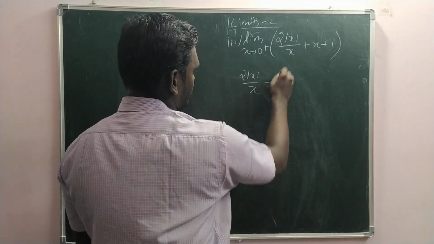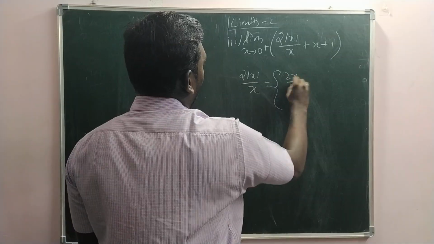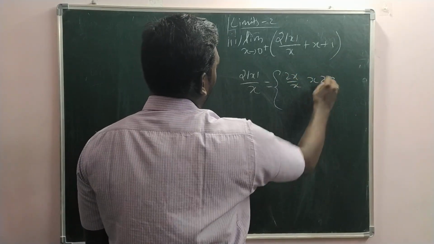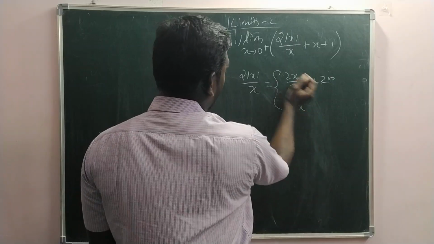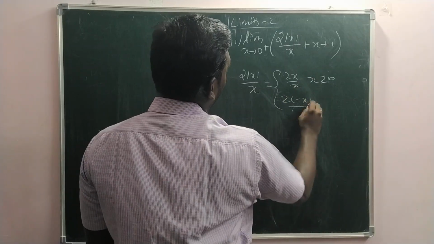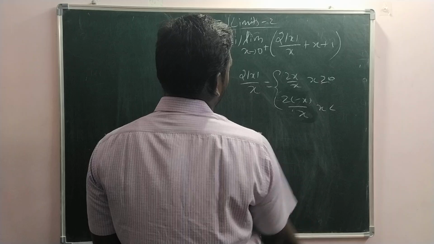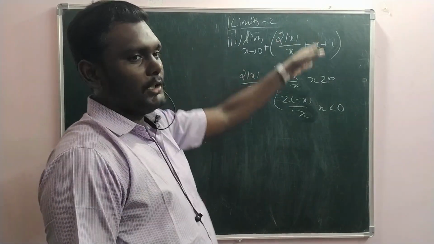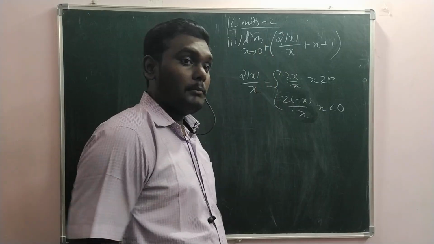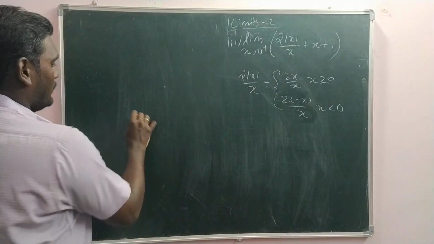This one, that is 2x by x when x is greater than 0. This is 2 minus 2x by x. 2 into minus x by x. Yes. No man, I am just explaining to you. This value could reach where? Because you remember we have seen one thing.